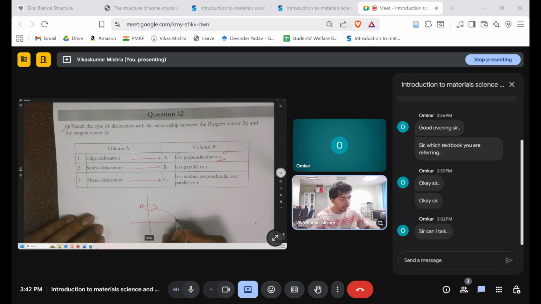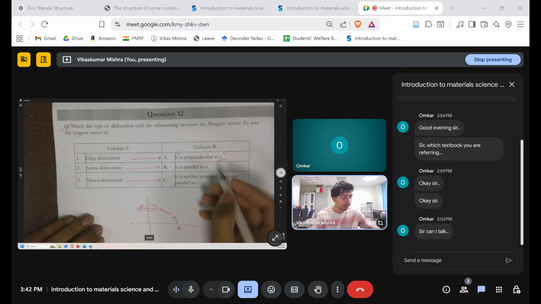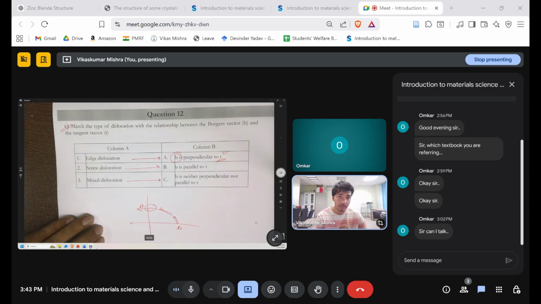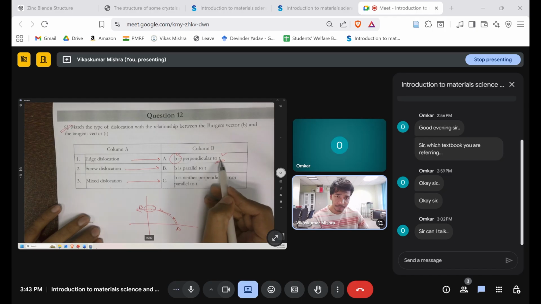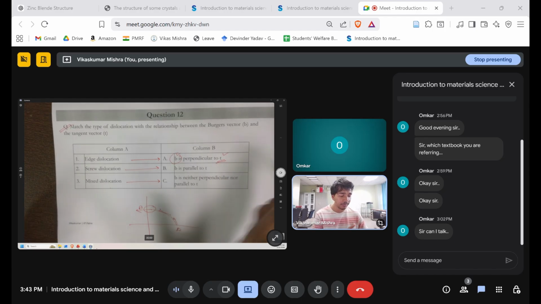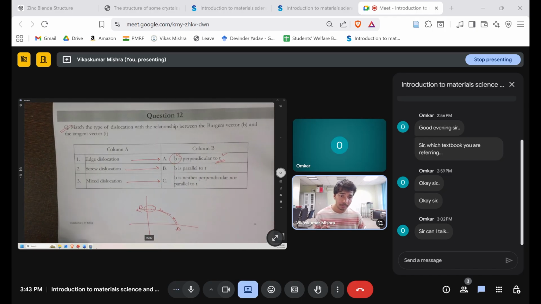Here the tangent can be like this, here it will be like this. But the Burgers vector will remain constant. So with that, from the relation between the Burgers vector and the tangent vector, you can find whether it's an edge, screw or mix.